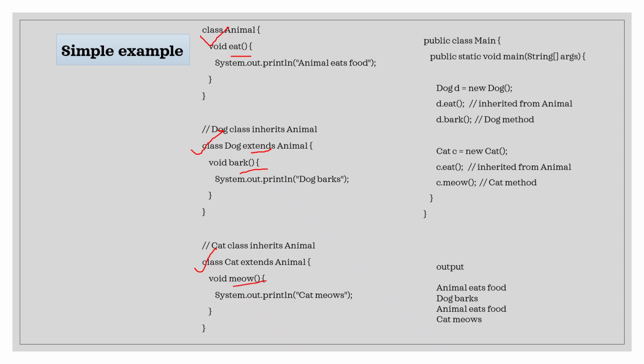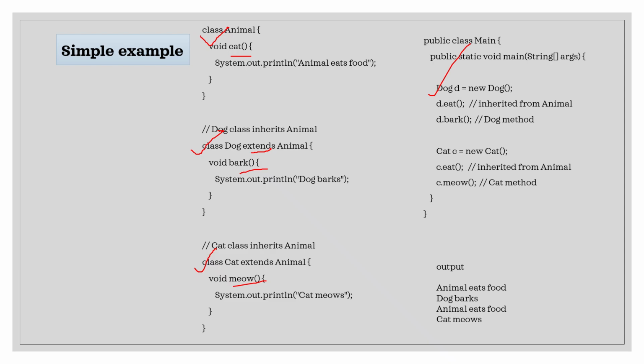Now inside the main method, an object d of the dog class is created. Using this object, the program calls eat method and also bark method. Eat method is from parent class and bark method is from the dog class itself.